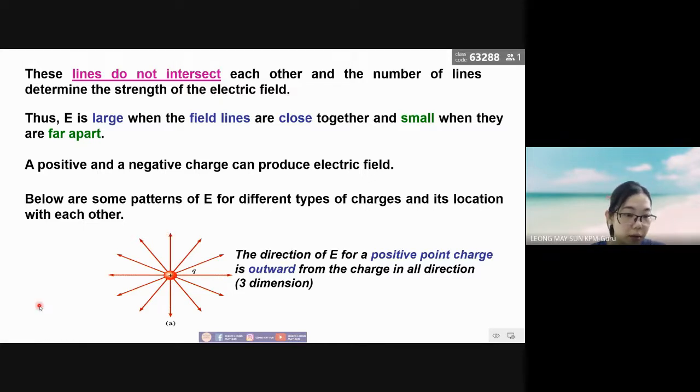Do not draw this way, whereby this is positive and then your electric field is like this, hanging. I know the textbook is sometimes like that, but in the actual situation, it should be touching. Drawing like this is wrong. You need to make sure that the arrow touches the atom itself.